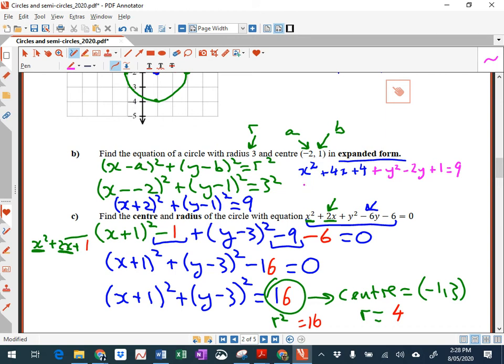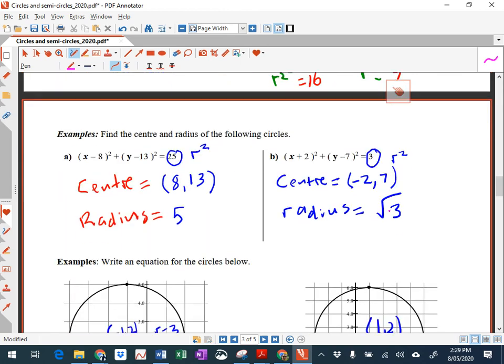We can write that as x squared plus 4x plus y squared minus 2y, and then we can have the constants there. 4 plus 1 is 5, and if I take the 9 over the other side, I'm going to get minus 4, aren't I? So I can write this as minus 4 equals 0. Okay, so that's an expanded form. So that's all the circle questions done.